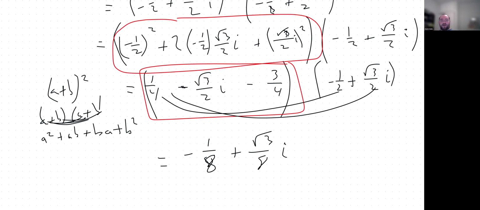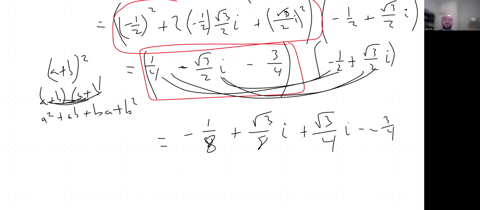That will be minus minus, so plus square root 3 over 4i. Now minus square root 3 over 2i times plus square root 3 over 2i. We've got those i's squared, so that's negative 1. We're going to have this negative, but we're going to have 2 negatives because i squared is negative 1. And then the square of square root 3 over 2 will be 3 over 4. Great. Now we do the minus 3/4.